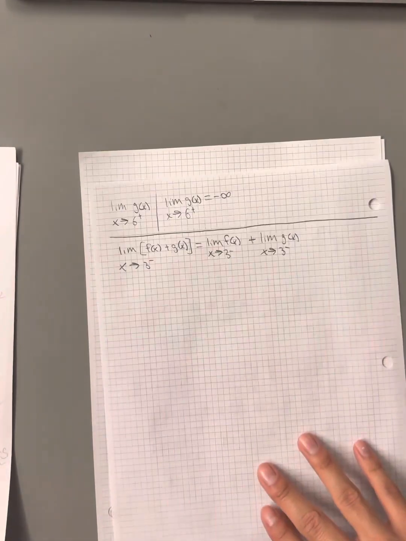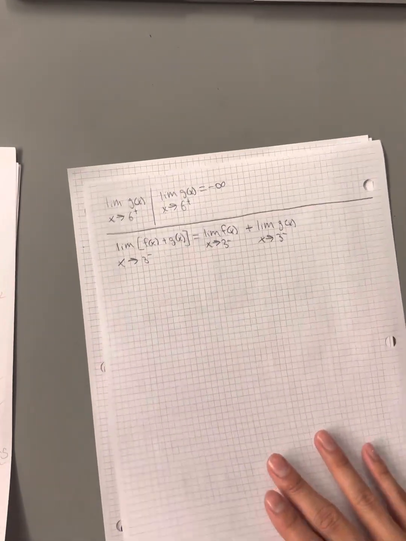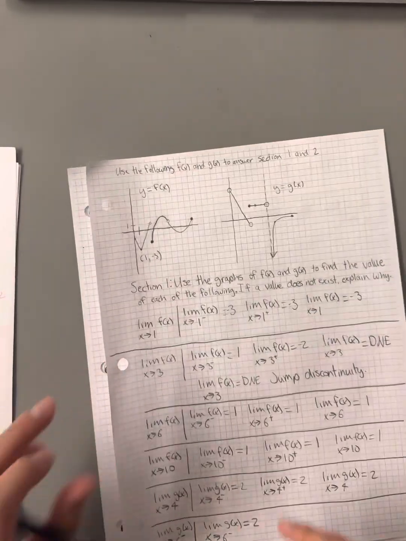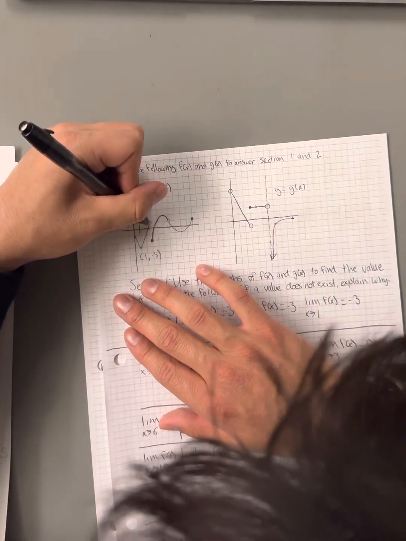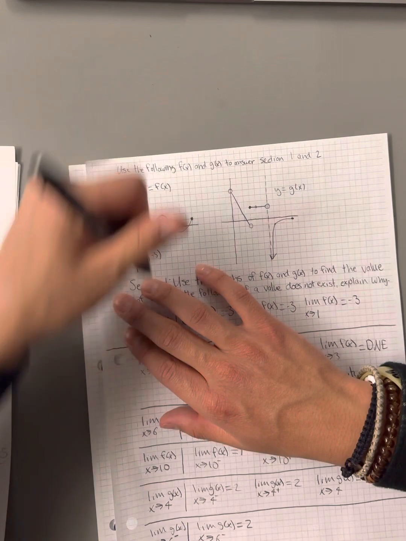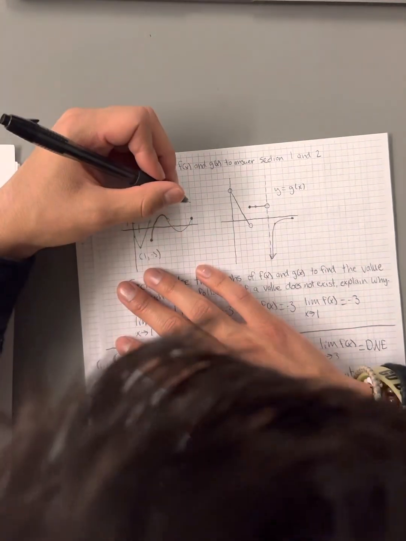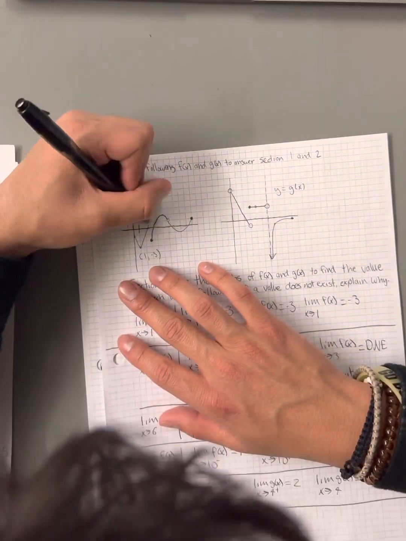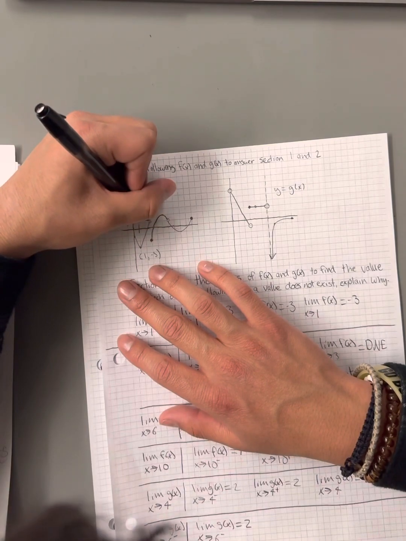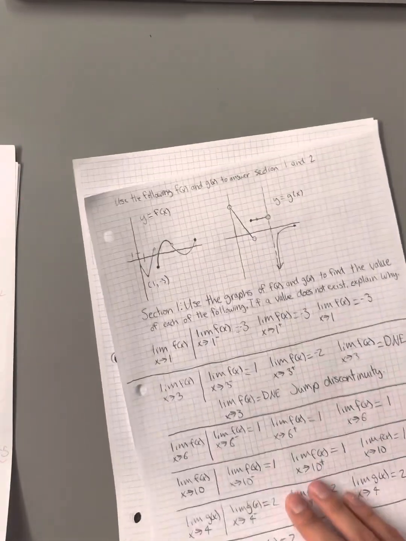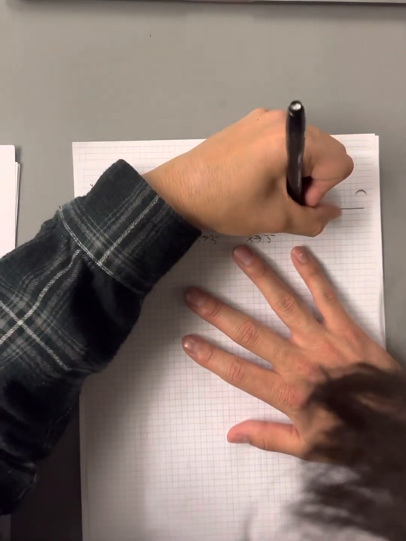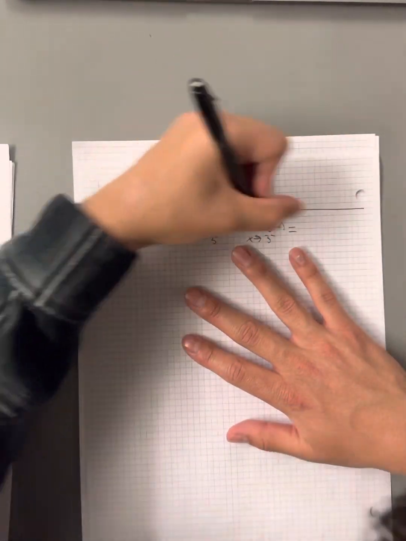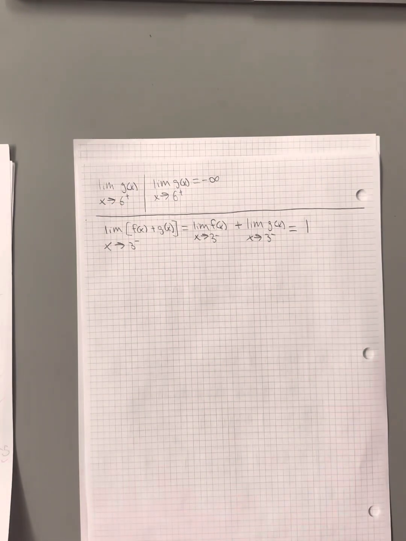So let's take a look at our graph. F of x at 3 approaching from the left, my bad, just 3 from the left. It is approaching 1. So this is equal to 1.